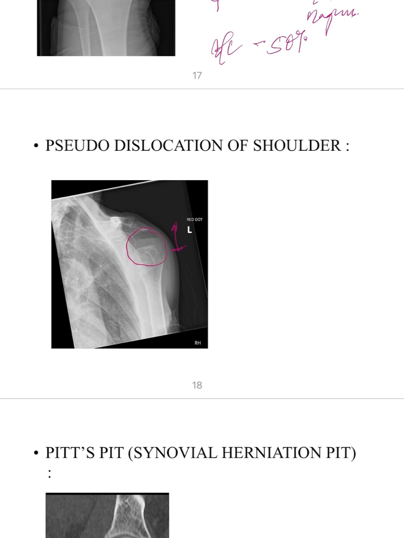Here you can see high density fluid in a dependent location. Etiologically this is due to hemarthrosis of the shoulder joint, which might be due to an occult fracture, with distension of the glenohumeral joint by the hemarthrosis. Do not mistake it for an inferiorly subluxated shoulder joint, and do not try to fix it.